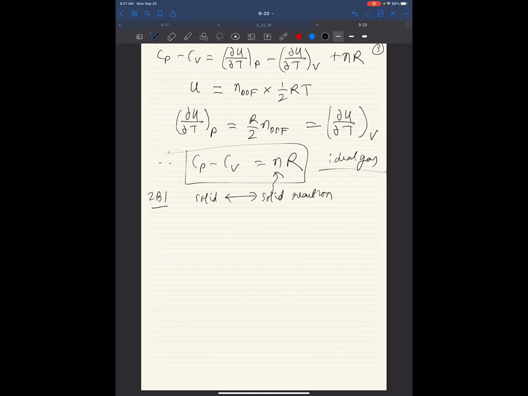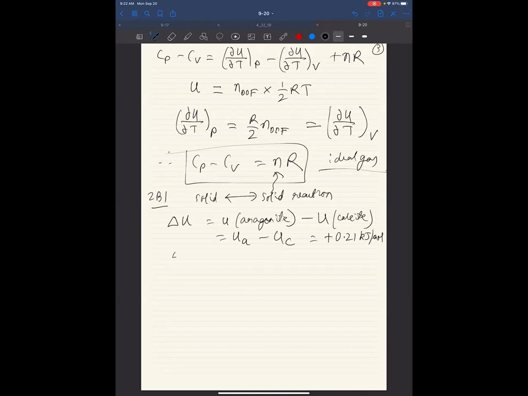And you have been given that delta U, which is U of aragonite, it sounds like a character out of Lord of the Rings, minus U of calcite. Let's abbreviate this as U of A minus U of C. I don't want to write aragonite all the time. It is equal to plus 0.21 kilojoule per mole.